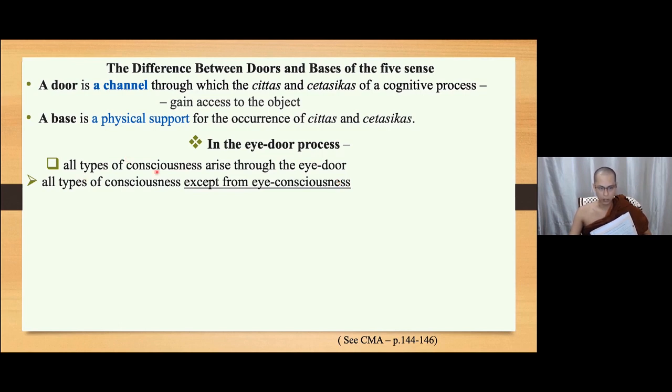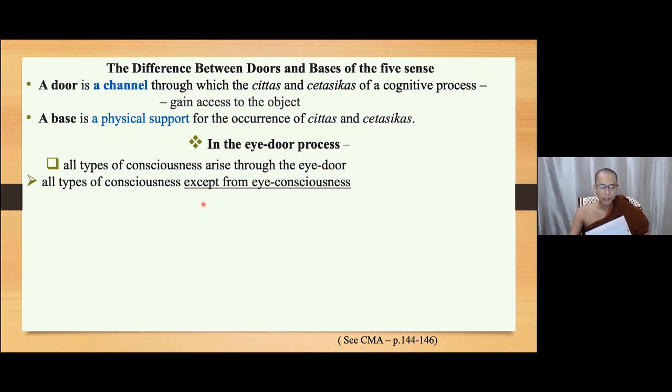In every moment of the consciousness in the eye-door process, all types of consciousness arise through the eye door. They use the eye sensitivity as their door.